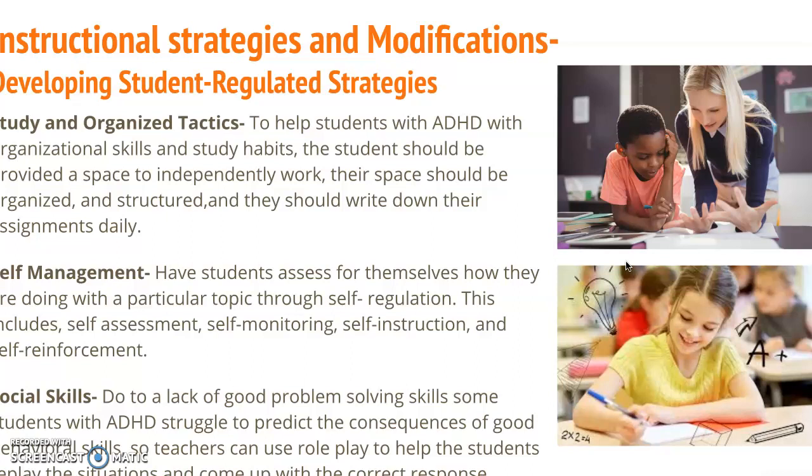Now we go on to social skills. A lot of students with ADHD lack good problem-solving skills, so they struggle to predict the consequences of their behavior. For example, if a student is running around at recess, sometimes their mind is one-sided and they don't think of the consequences.